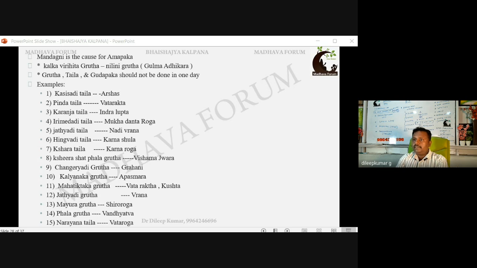Kshara and Lavana should not be used for a longer period, as we learned from Subhashita Sahitya in first year BAMS Samskrita. 80% of Chitrakadi Vati is Kshara and Lavana, so use it very cautiously for a longer period. For a shorter period, action can be expected.